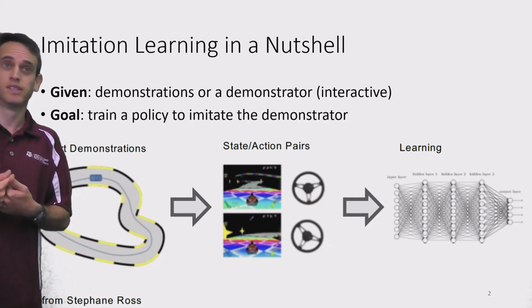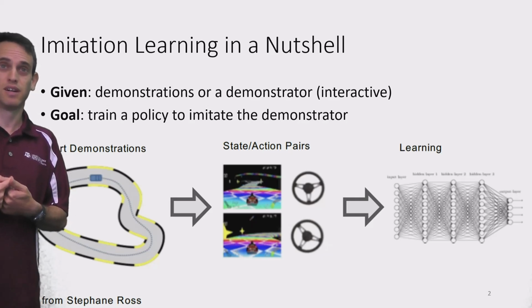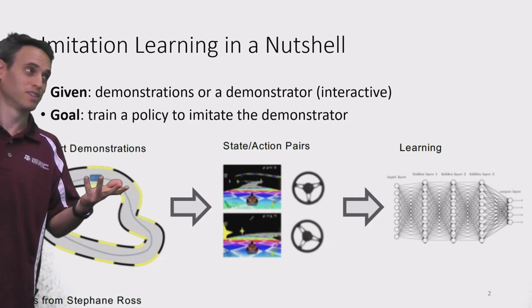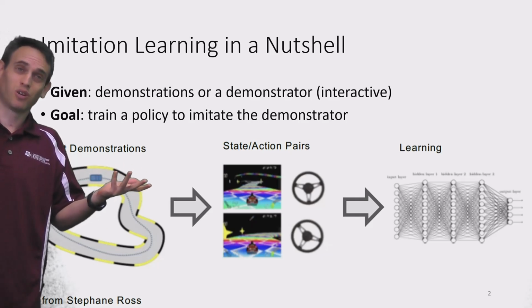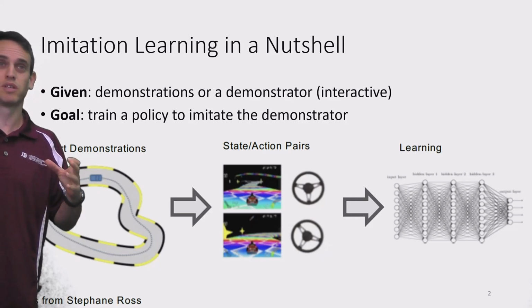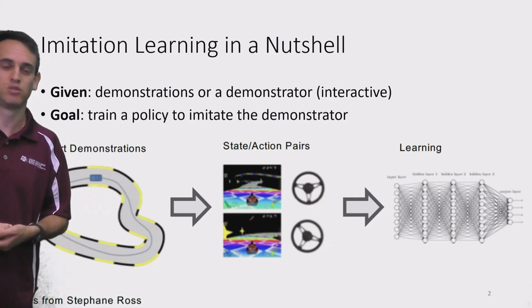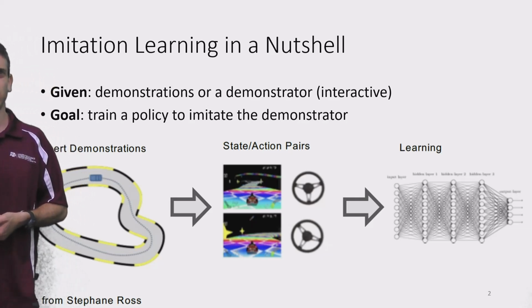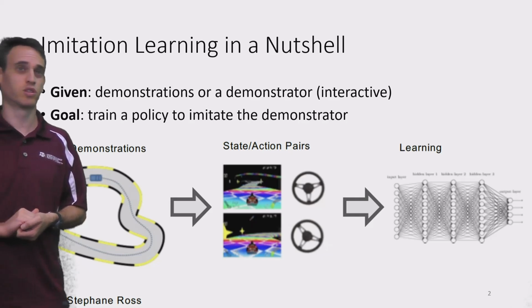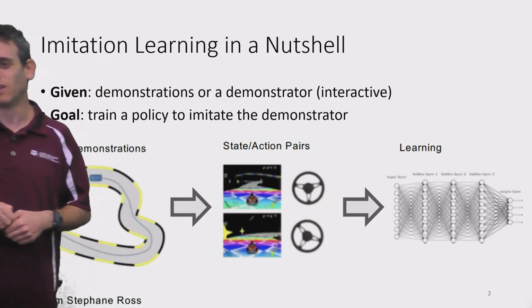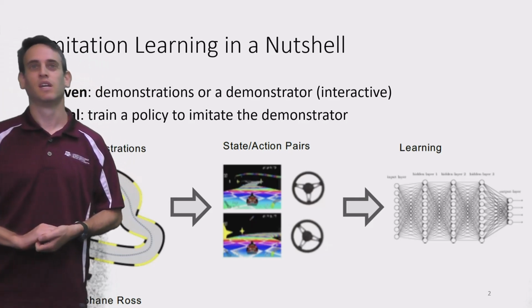Can we imitate the demonstrator perfectly? Approximately? Not always, right? We have some approximation limitation. Our approximator is usually limited in its ability to represent policies. By the way, we also need to assume that the demonstrator is not ambiguous. If it's ambiguous, then maybe we need more features, right?